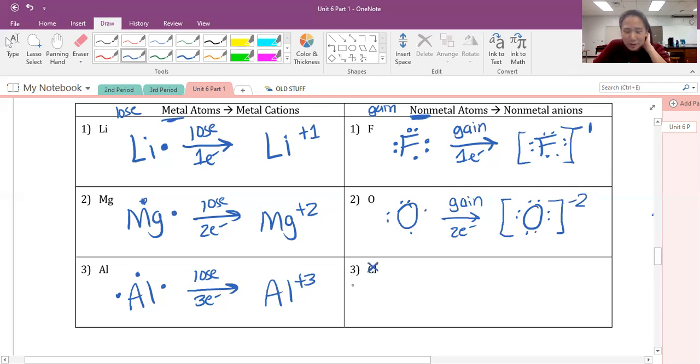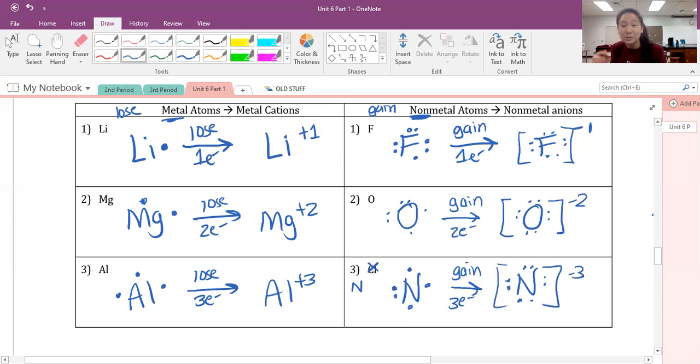So if we were to do nitrogen, nitrogen has originally 5, but to get a full octet and to become more stable, it's going to have to gain how many then? It's going to gain 3, right? So now nitrogen has all 8 and it's super happy. So you draw it in all its glory and it gained 3, right? So this is what it looks like. So metals are constantly losing.